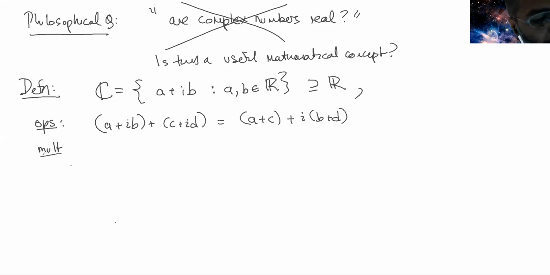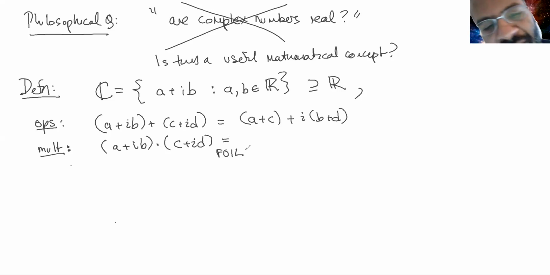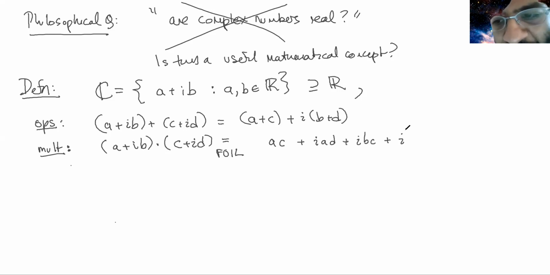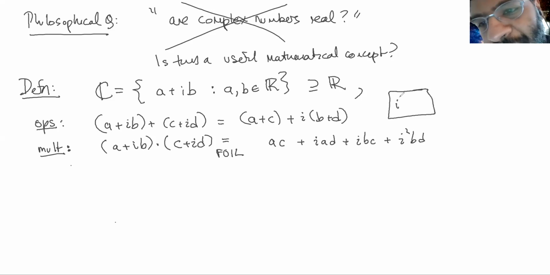You have multiplication, which is just defined using the usual rules of algebra. This maybe goes by the name of FOIL. You know how to multiply two algebraic expressions with parentheses, and you follow the same rules here. You get ac plus iad plus ibc plus i squared bd. And this is the twist: the only defining feature of the complex numbers is that i squared equals -1. We've added this one number that satisfies that very special equation.